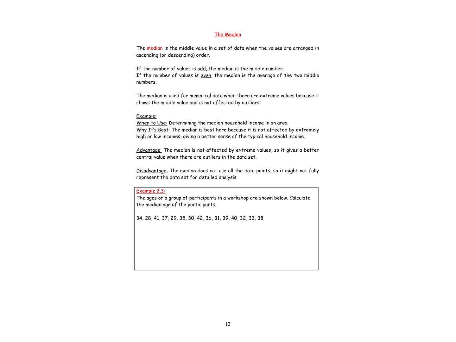The median you should find hopefully easy to calculate. Example 2.3 here says the ages of a group of participants in a workshop are shown below. Calculate the median age of the participants. What I'm going to do first of all is list these ages in order. As you can hopefully see, I have now listed the elements in ascending order, starting here on the left-hand side with the lowest, moving up to the highest here on the right-hand side.